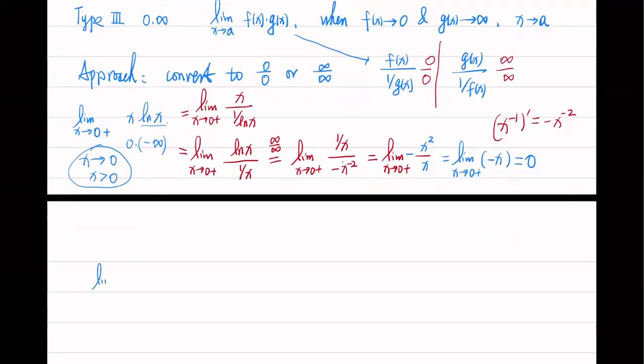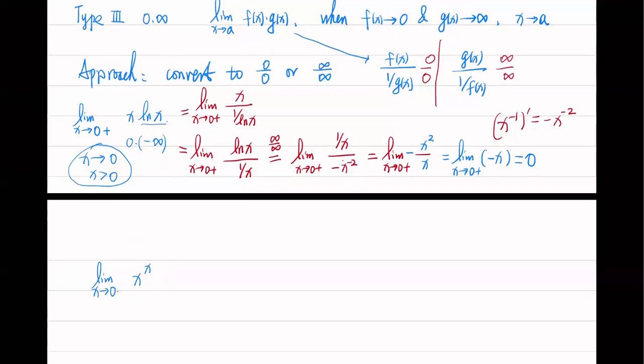Now let's think about this one. The limit as x goes to 0 of x to the x. When we deal with this complicated formula, the exponent can be fractions, so the base must be positive. So I will put a positive sign over there. How do you find this limit?